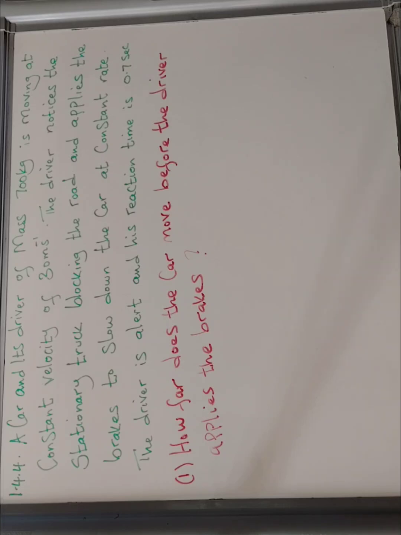That is what we call reaction time, and it took 0.7 seconds. The question is, in 0.7, what was happening? The car was still moving at the same speed, the same velocity. So we are looking at a situation of constant speed or constant velocity.